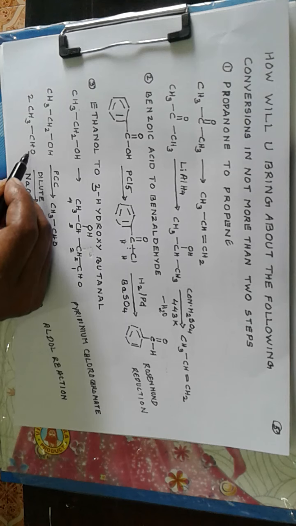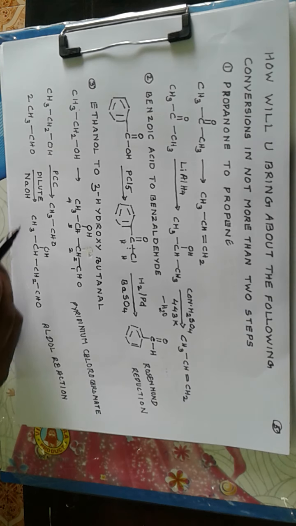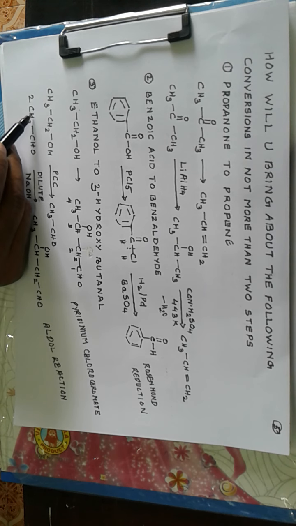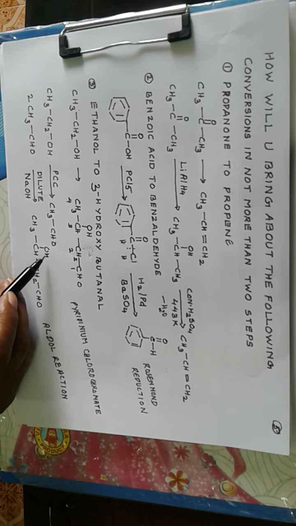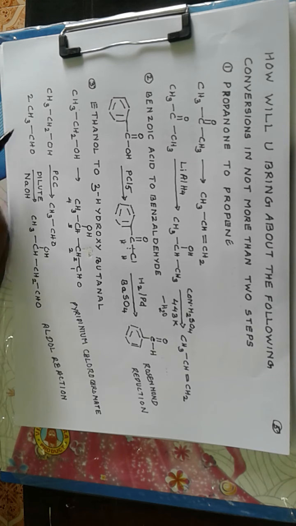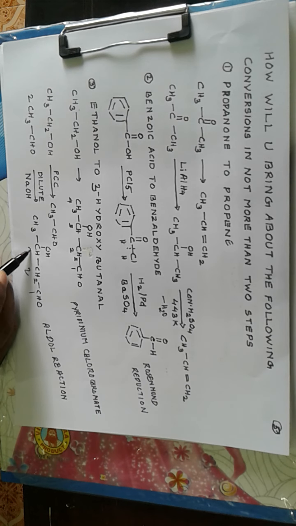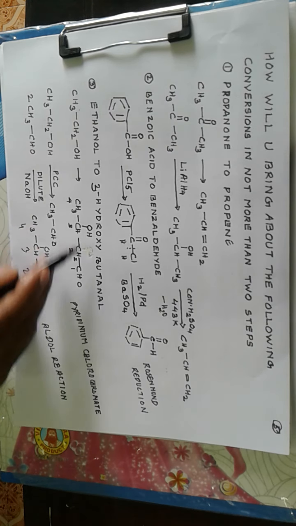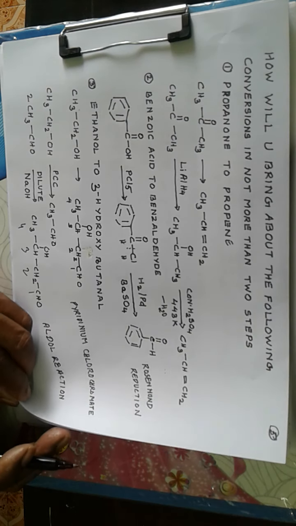So CHO is converted to CHOH and 1 H from this CH3 group is given to the oxygen of CHO to get CHOH, and then the remaining part CH2CHO is getting connected to the carbon, and this compound is 3-hydroxybutanal.